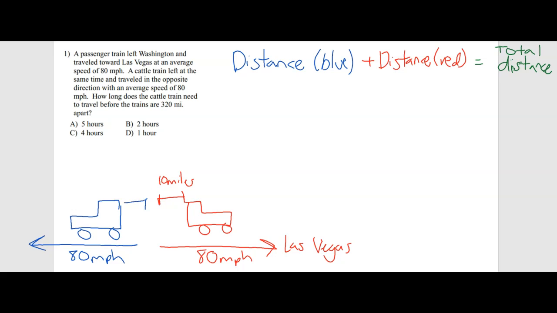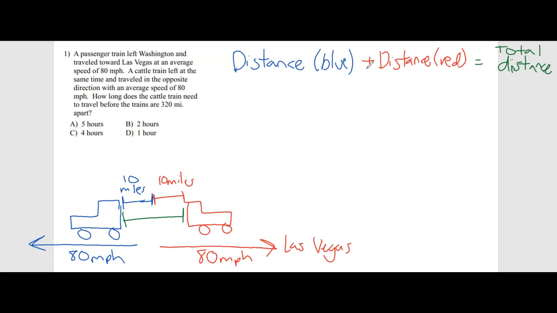If we want to find the total distance between them, we would add the total distance the blue train travels to the total distance the red train travels. We should make sure that these are touching. Okay, so the red plus the blue equals the total distance.